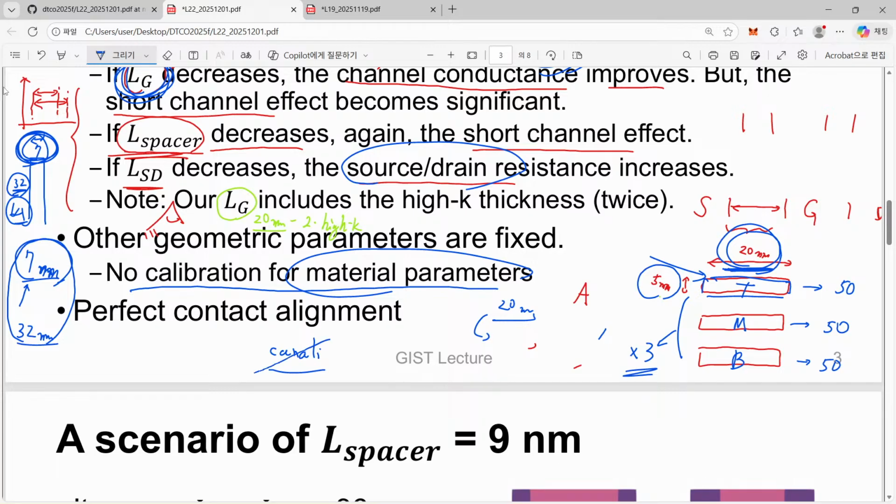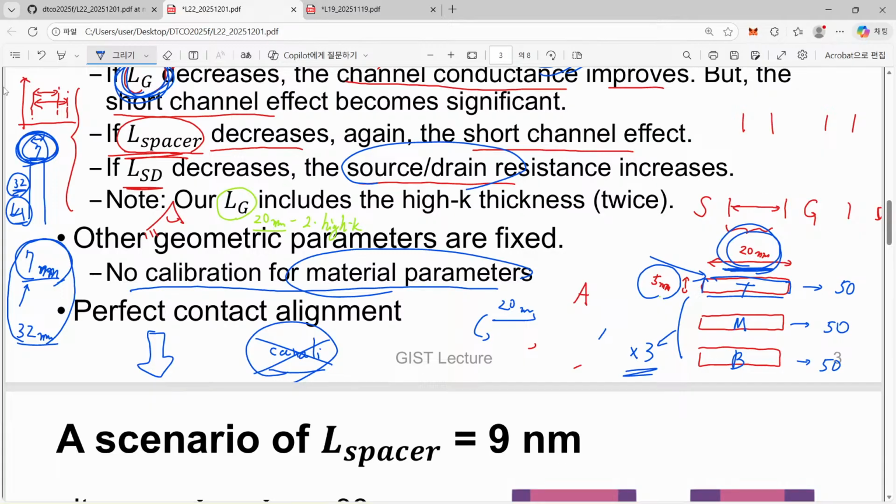So this Canali model cannot provide us the proper level of current value. The tendency is, if you adopt this Canali model with default parameters for such a short channel device, then usually you underestimate your current.